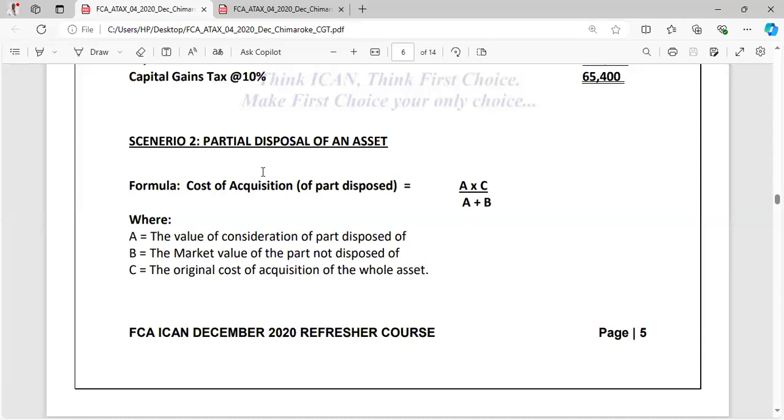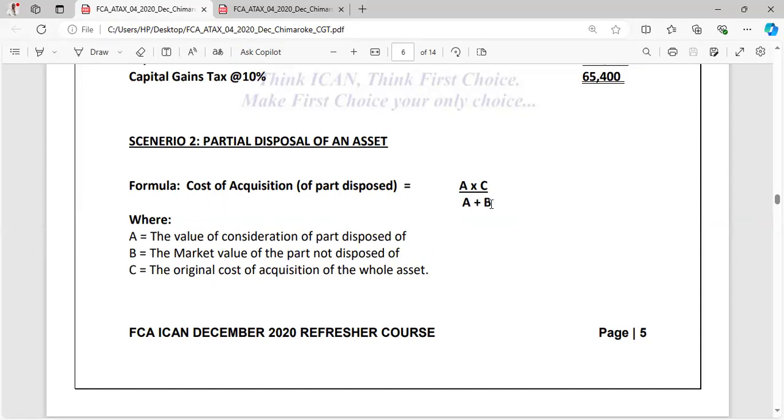There is a formula for that. The cost of acquisition for the part you are disposing is A multiplied by C, all over A plus B.